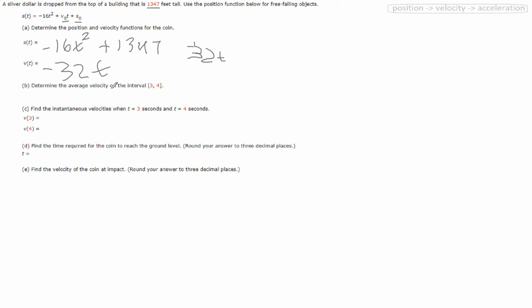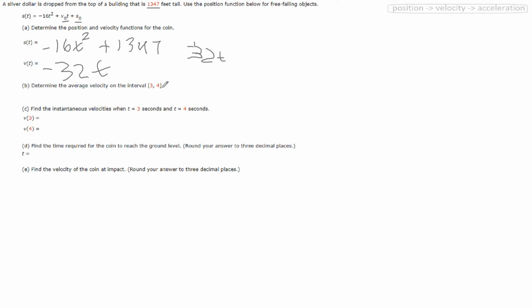Next it asks us to determine the average velocity on the interval. The way we do this is to find the difference between the position at 4 and the position at 3.